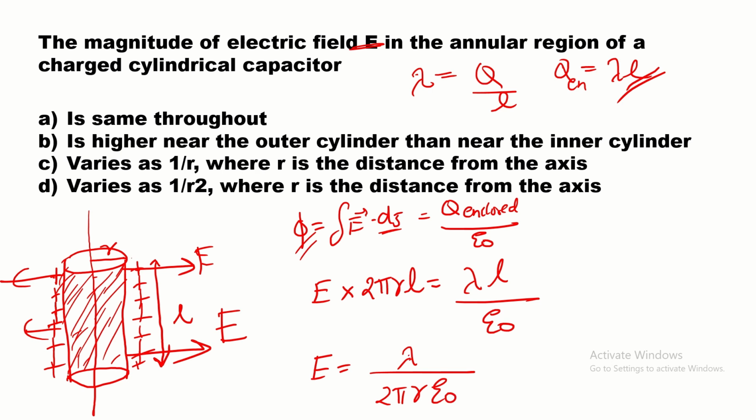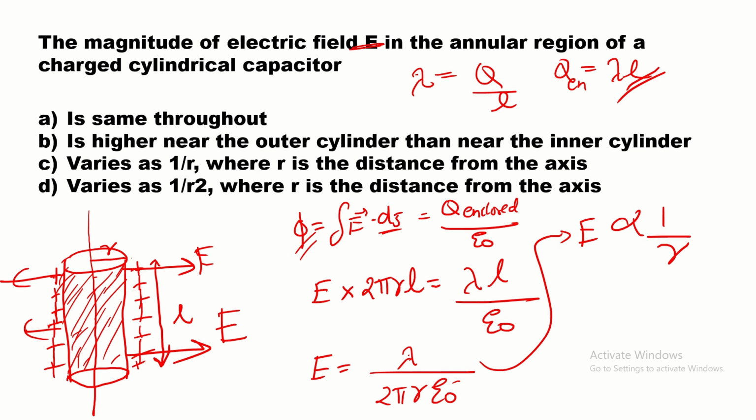Now lambda is a constant because that's the linear charge density. 2 pi epsilon naught is a constant, as we know. Therefore, from here we can conclude that E is inversely proportional to the radius, where radius would be the distance from the axis. So therefore, it is inversely proportional to the distance from the axis.